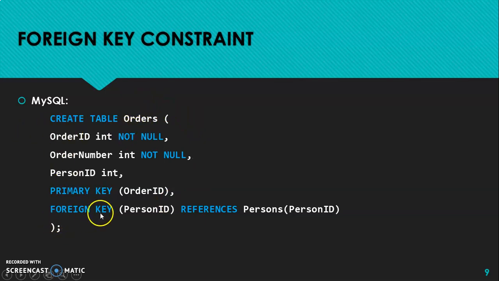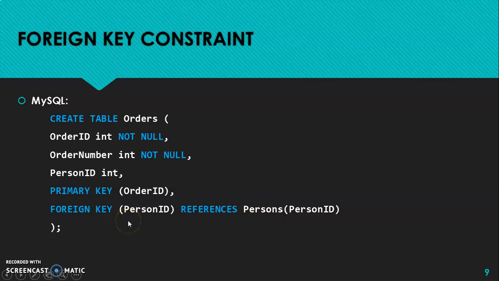Then we are writing a foreign key and mentioning the person ID. This person ID is the person ID that you are specifying in orders. References person, which is the table name that I am referencing, and the column that I am referencing, person ID, which is of the table persons.